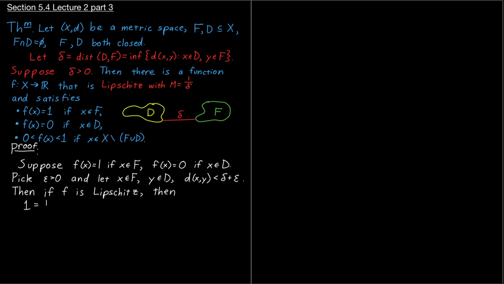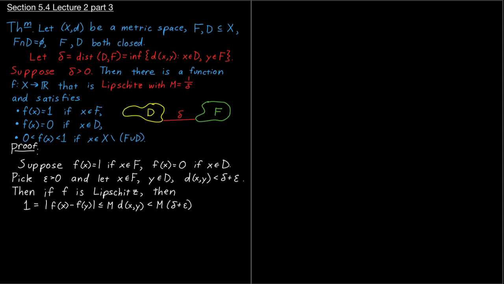1 is the absolute value of f of x minus f of y by definition of f, and then because it's Lipschitz, that's at most m times the distance from x to y, which is less than m times delta plus epsilon.